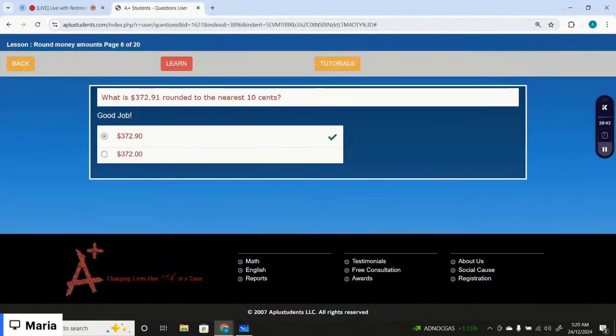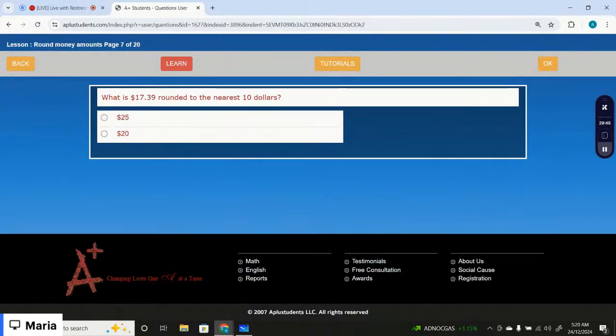Option number one is the correct option. That is $20. Option number two is the correct option.